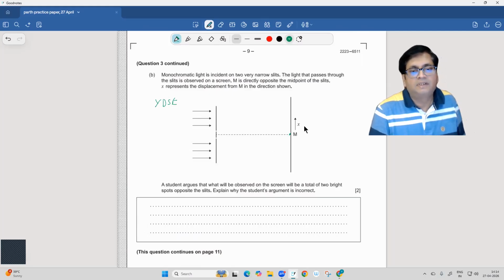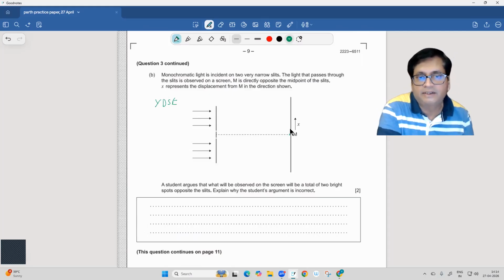So what happens? Here we will get fringes like this, right? Bright fringes, dark fringes. How much is the distance between two maxima? It is called lambda D by d. Distance between two maxima is lambda D by d, and the distance between a maximum and a minimum is half of this, lambda D by 2d.